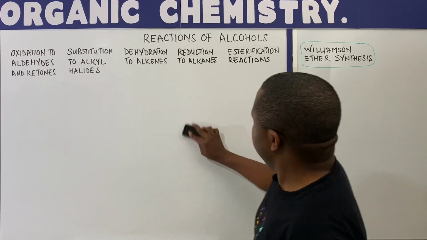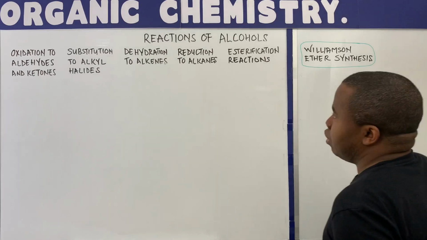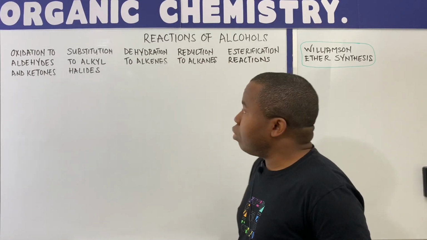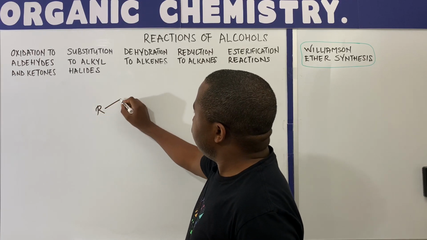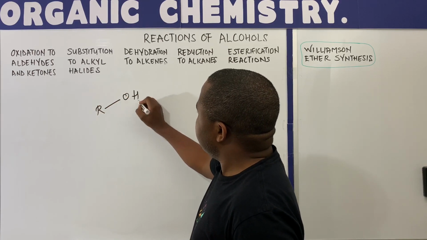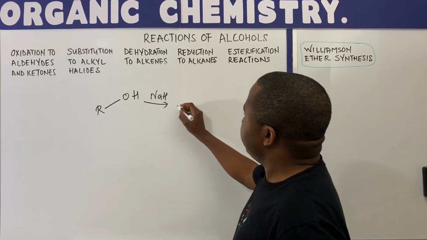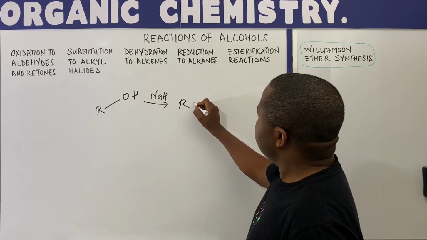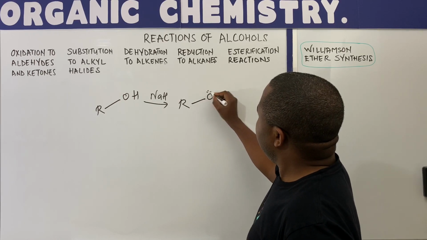So let me quickly show you how that happens. If you remember, I think in the second class, the acidity of alcohols, we talked about the fact that alcohols can mostly be deprotonated using sodium hydride. So we can deprotonate this so that we have an alkoxide.